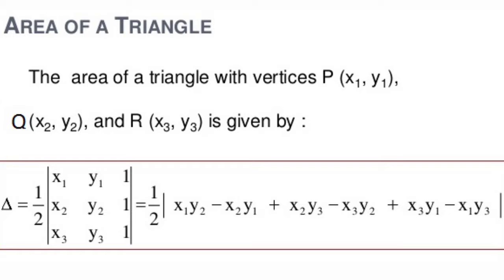So students, after simplifying this we will get 1/2 [x1(y2 - y3) + x2(y3 - y1) + x3(y1 - y2)] in modulus, because the area of any figure is always positive.